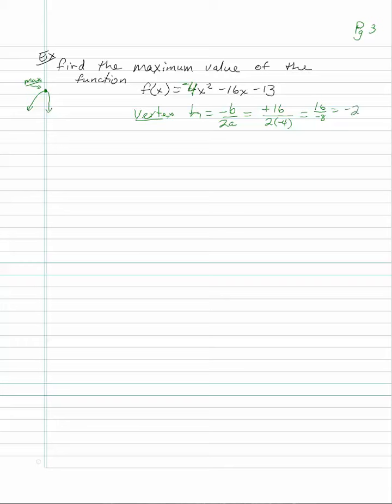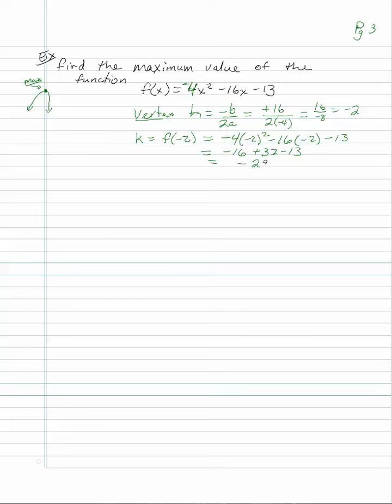And then the y value, k, is f of negative 2, which is negative 4 times negative 2 squared, minus 16 times negative 2, minus 13. So that's negative 16, plus 32, minus 13.